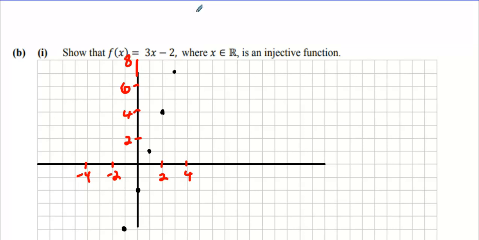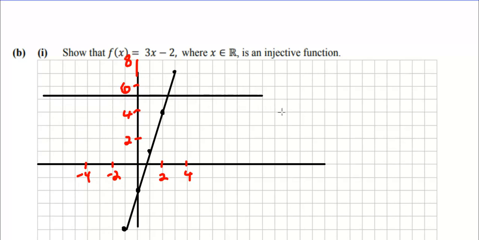For something to be injective, what is the horizontal line test? The horizontal line test means that in an injective function, every input only has one output. So each horizontal line has to hit at most once. And what can you say then? Horizontal line test. Every horizontal line only hits it at most once. That's what you say.